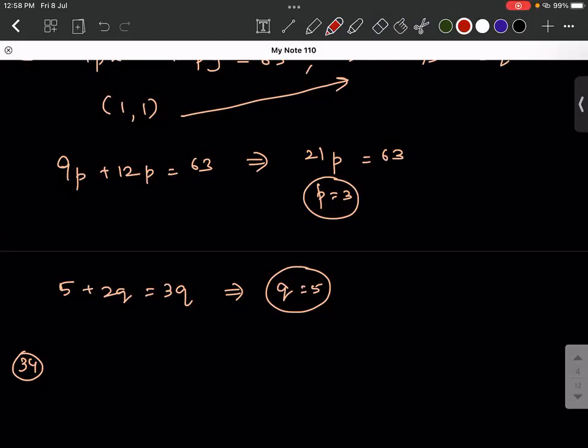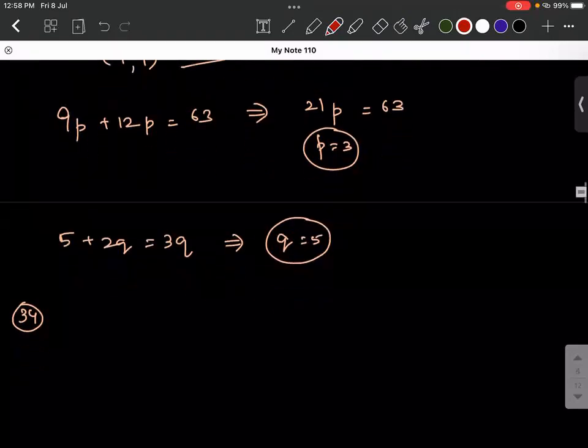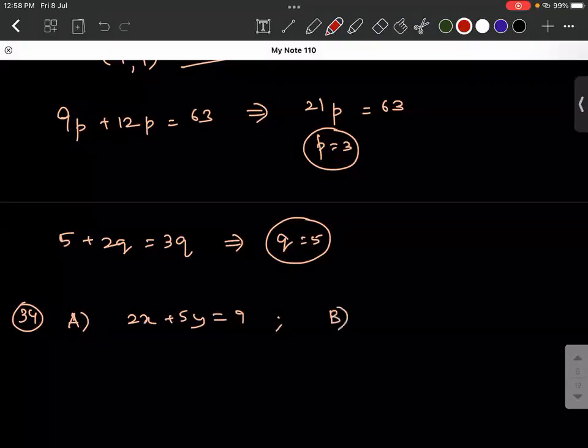So 34. Check whether x is equal to 2 and y is equal to 1 is a solution of which of the equations. A is 2x plus 5y is equal to 9. B is 5 by 2x plus 3y is equal to 14. What are the points? (2, 1).